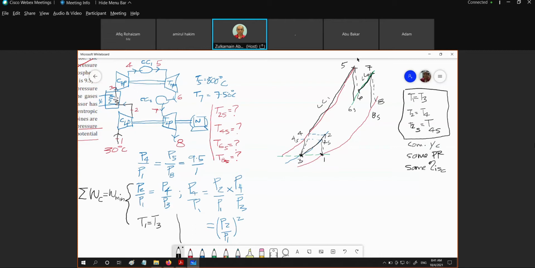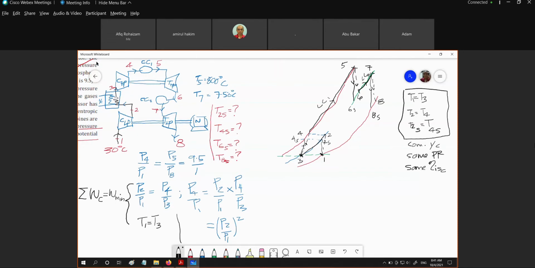Okay. So what we have to do right now is to complete it with the direction of the process. So we have 12 states in total, so we have a total of 12 temperatures that we need to get. Okay.